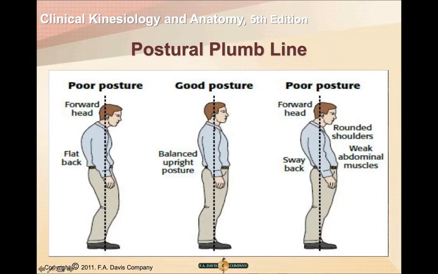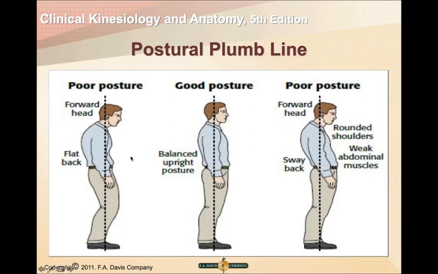There's a chart on all of this in a minute, so don't worry about memorizing it as I say it. It goes just anterior to the acromion. It goes through the greater trochanter. It's going to go through the knee, just posterior to the patella. And then it's going to be slightly anterior to the lateral malleolus, if not through the lateral malleolus.